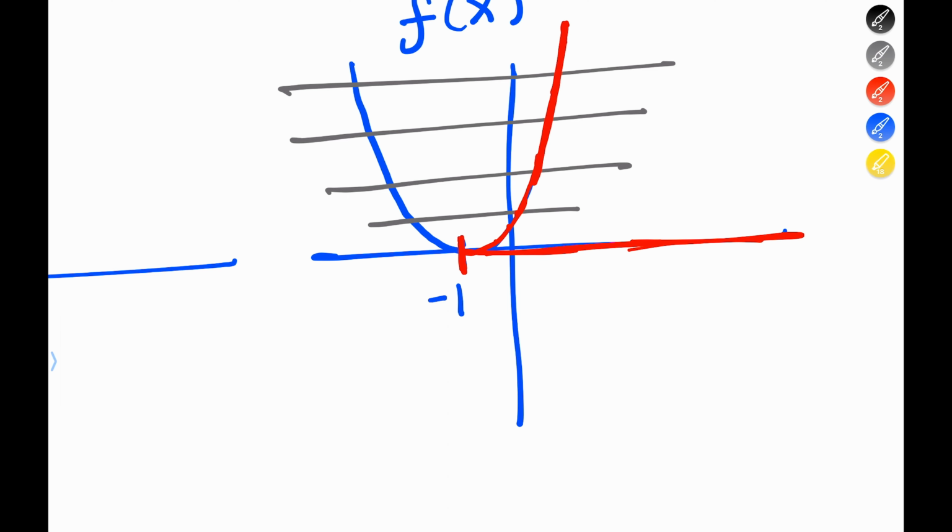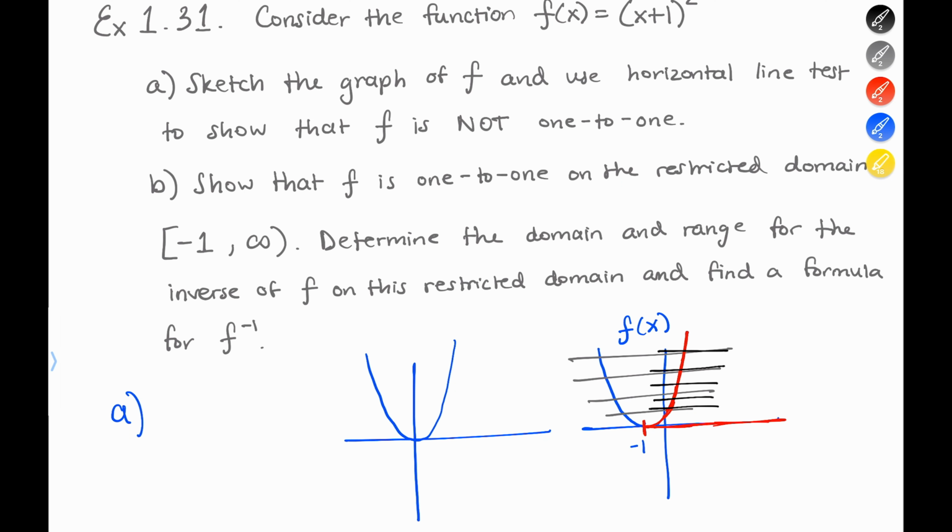This half is going to be included in the interval, and if we use the horizontal line test on this interval, we notice that this function is now 1 to 1. And now it wants us to determine the domain and range for the inverse of f on this restricted domain and find the formula for f inverse.